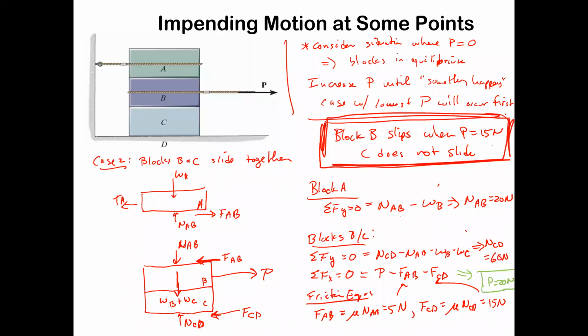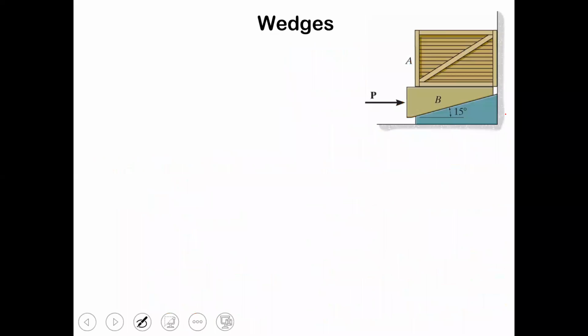It's a small step to go from 3 stacked blocks to a wedge, where now 2 of the blocks are cut at an angle. And this forms the basis of what a wedge is all about. We use wedges all the time, like door stops are wedges, right? You jam them in there, and those things are considered self-locking if they can keep the motion from happening without you having to apply any force on them at all.